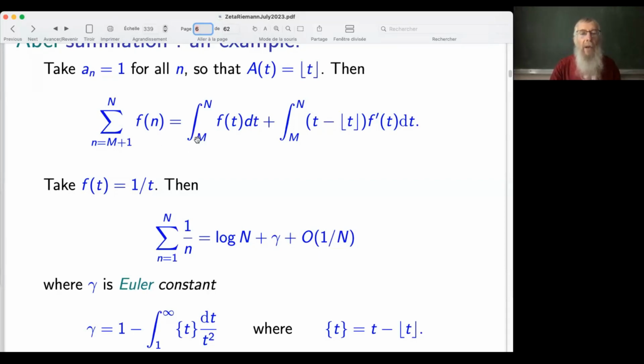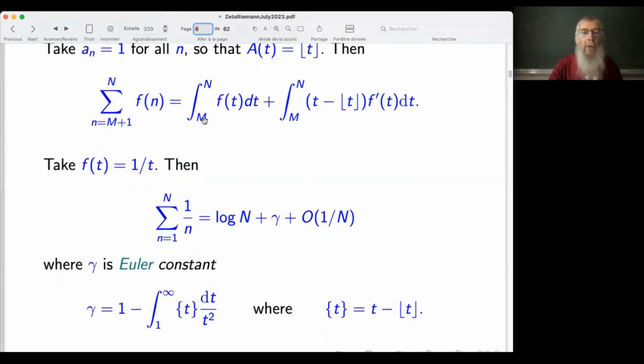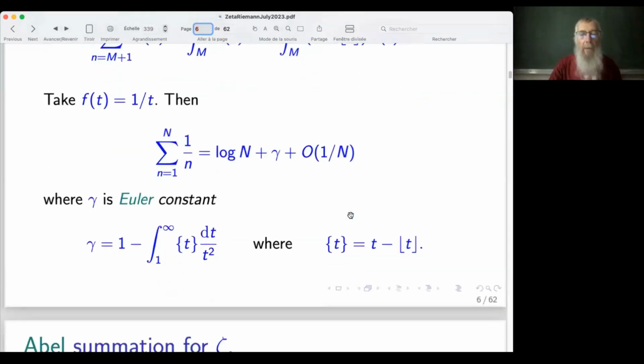Here, we integrate from 1 to n dt over t, we get log n, and then we have gamma, which comes from this formula, and this gamma is obtained as 1 because we take the sum from 1 to n and not 0. So 1 minus the integral of the fractional part of t dt over t squared. So this gives the difference between the harmonic sum and the logarithm of n. It is a constant gamma, Euler's constant, which we find from this formula.